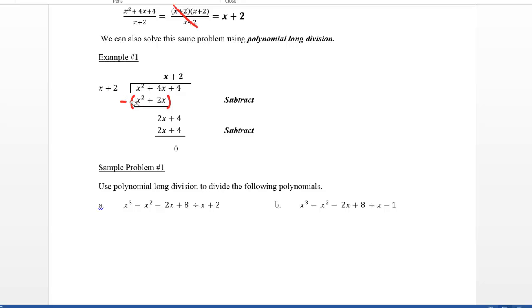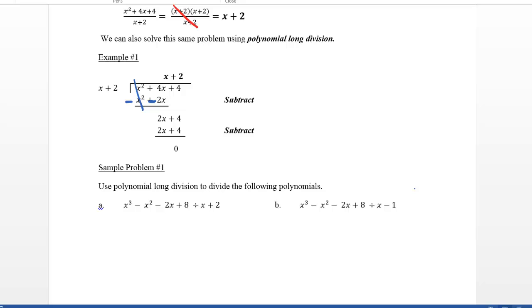So what ultimately happens here is we end up having negative x squared and negative 2x. Well, the x squareds cancel out, and 4x minus 2x simply leaves me 2x. So this is part of the process where you need to understand how the subtraction distributes and then goes on to the next part.